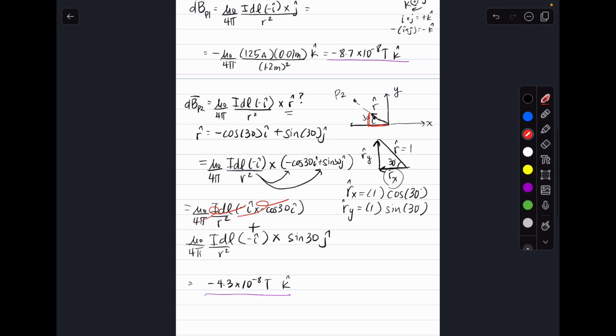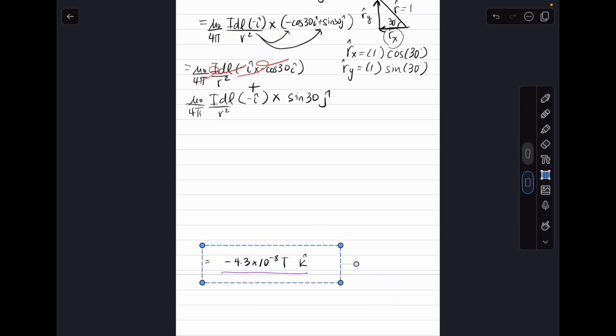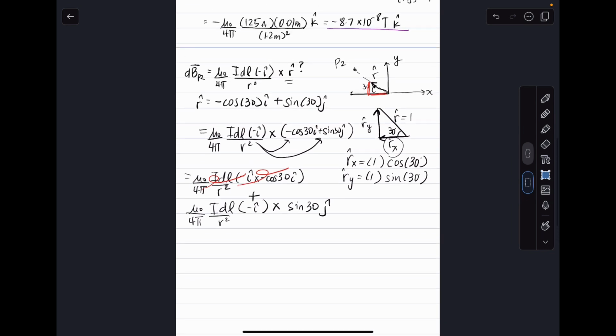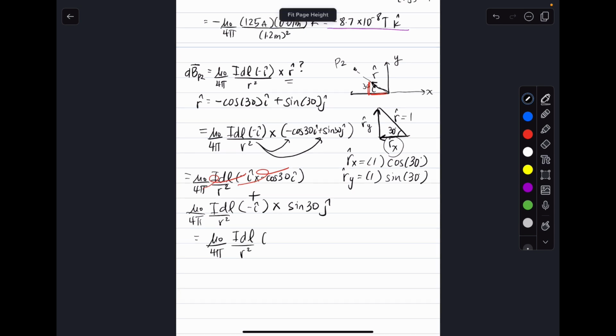So our dB eventually is going to be that number. I'll just leave that there. Our dB is going to be mu naught over 4 pi I dl over r squared negative I hat.